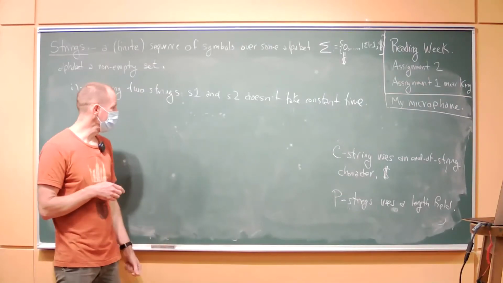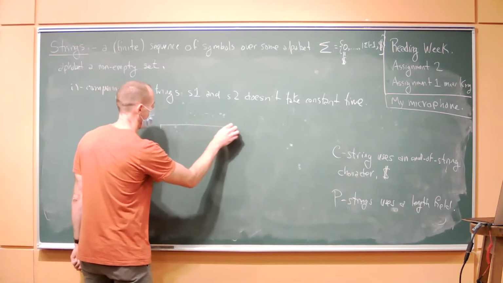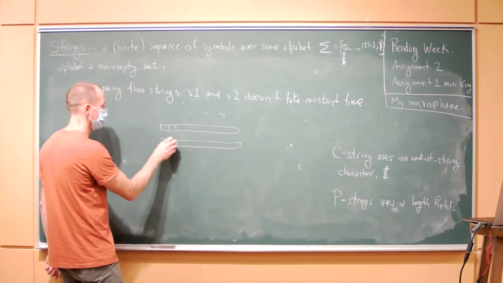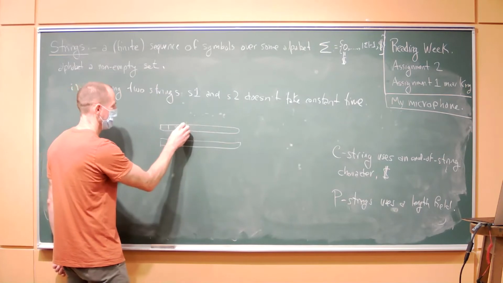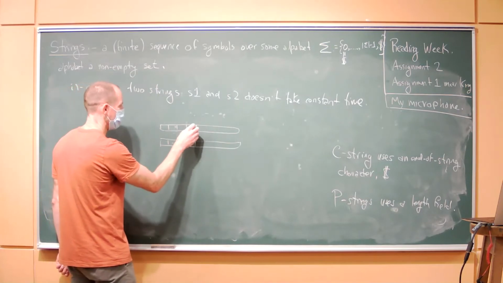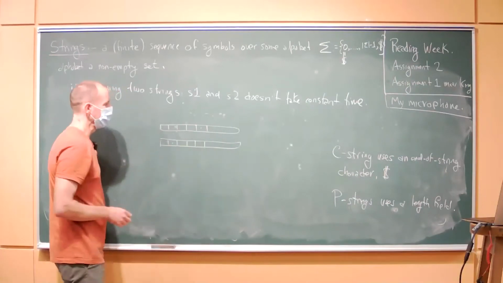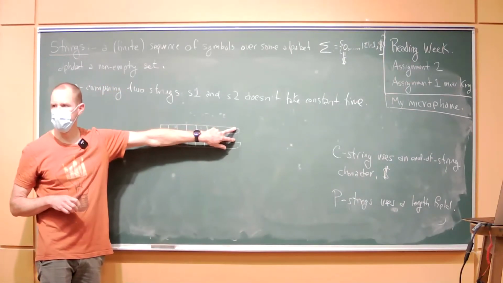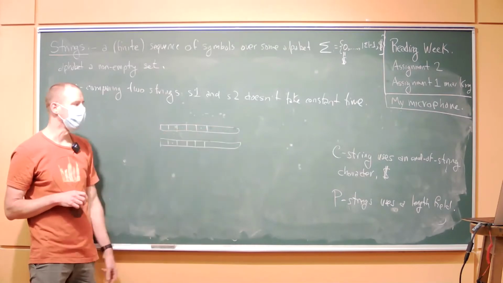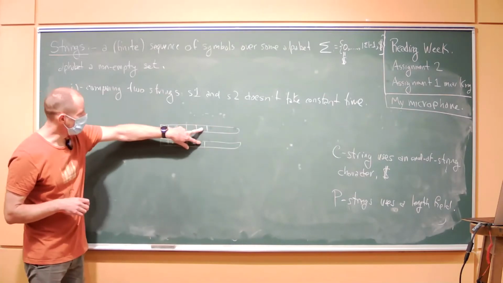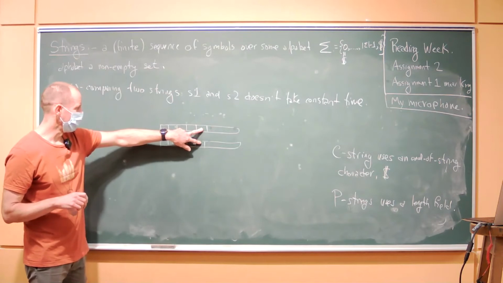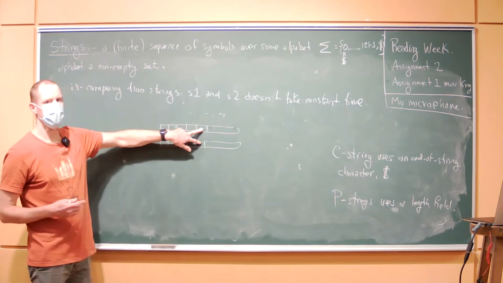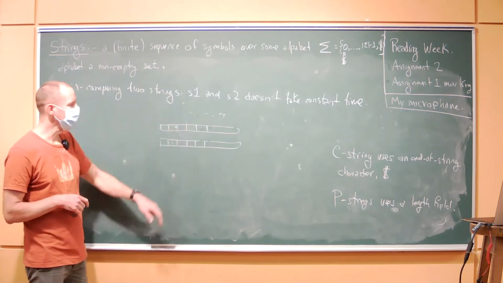But if their lengths are the same, then all you can do is start comparing the individual characters of S1 and S2 until you finally find some place where the characters differ. Or you get to the end and the characters are all the same, in which case you realize they're equal. And that first place where they differ, by saying which of those characters comes before the other, tells you the ordering of the two strings.